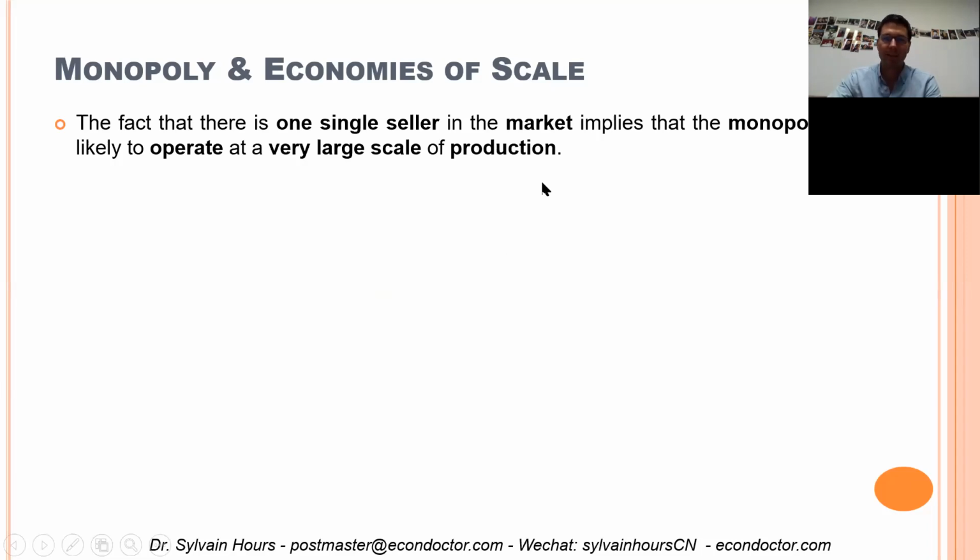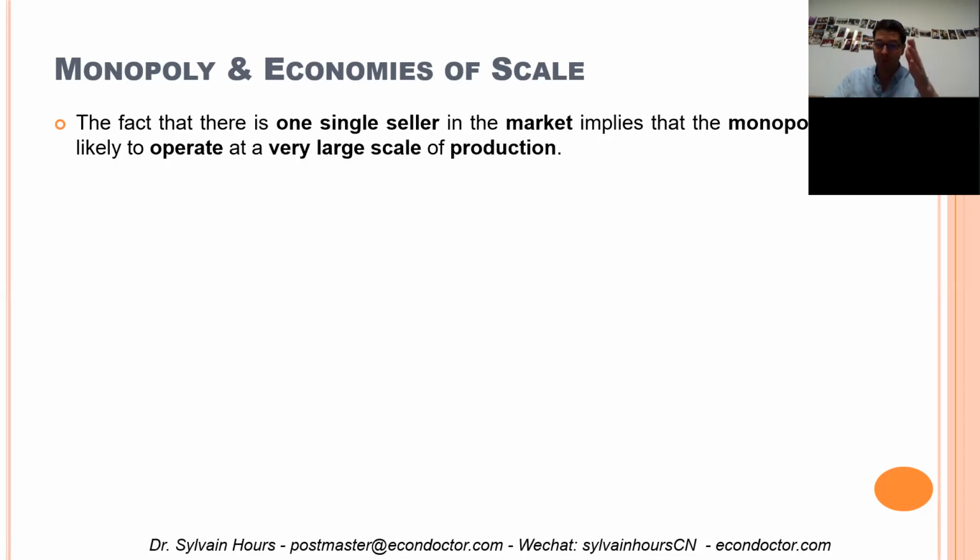Let me explain that. The fact that we have one single seller in the market implies that the monopolist is likely to operate at a very large scale of production, simply because this monopolist is going to supply the entire market. This monopolist is facing the entire market demand, so it will produce a greater output than an individual firm in perfect competition.